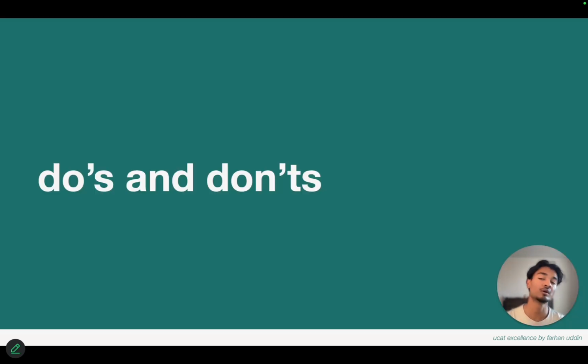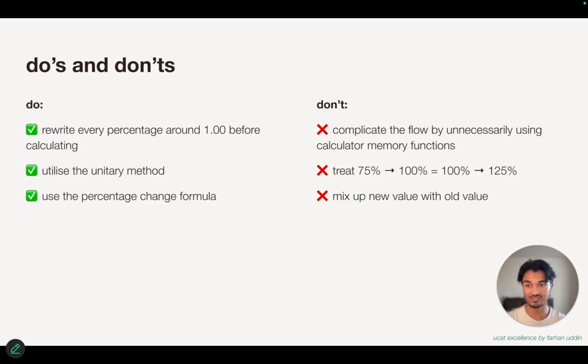And lastly is mixing up the new value and the old value when it comes to plugging it into the formula. So here are your do's and don'ts. First of all, do rewrite every percentage around the number 1.00 before calculating. Do utilize the unitary method and do use the percentage change formula. Don't complicate the flow by unnecessarily using the calculator memory functions if you don't need to.